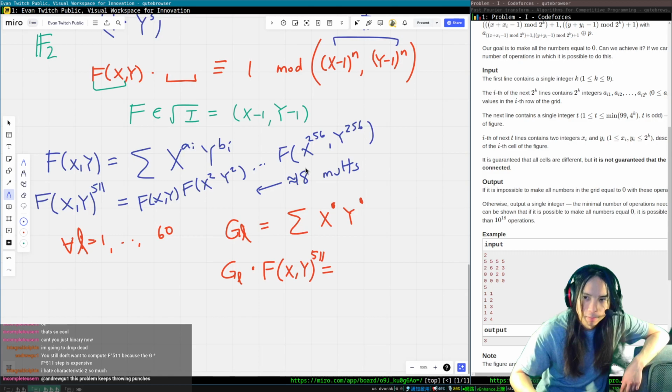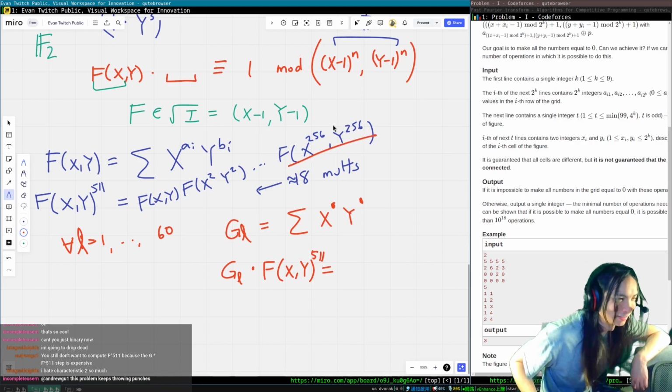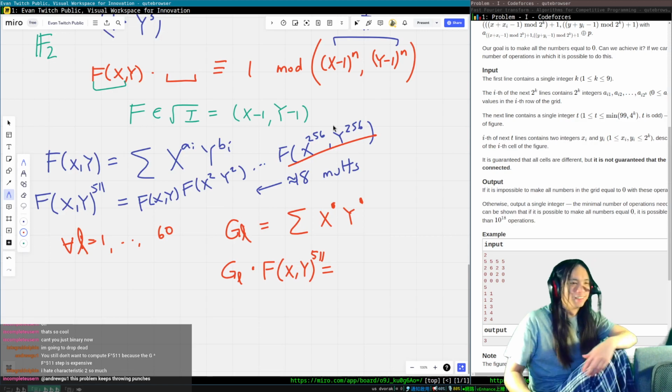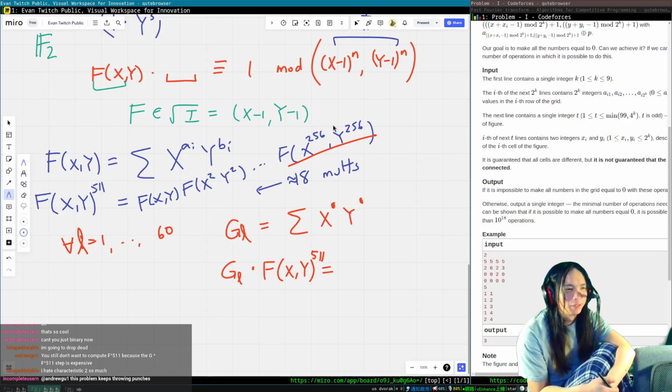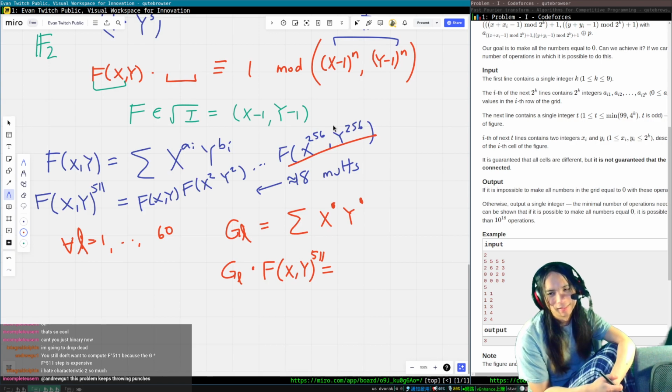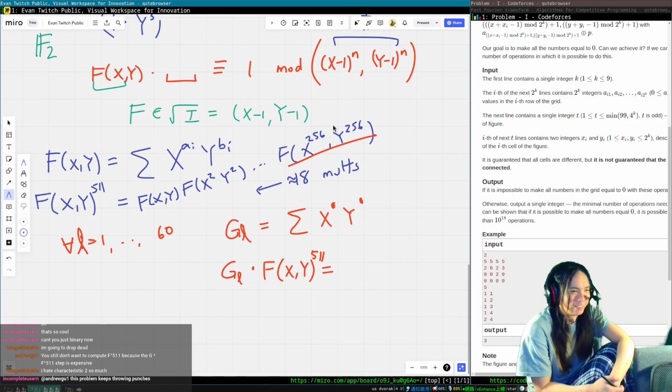Okay, but for example, this thing is very easy to compute, right? Because almost all the coefficients are, if you're taking mod x to the 512 minus 1, there's at most 4 coefficients.